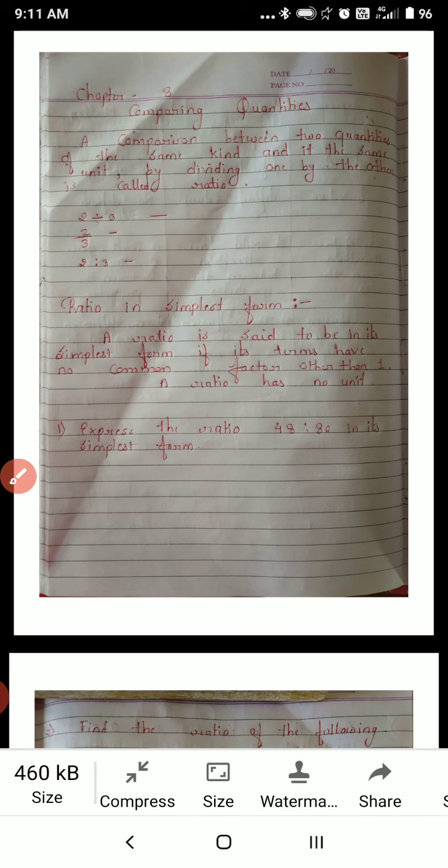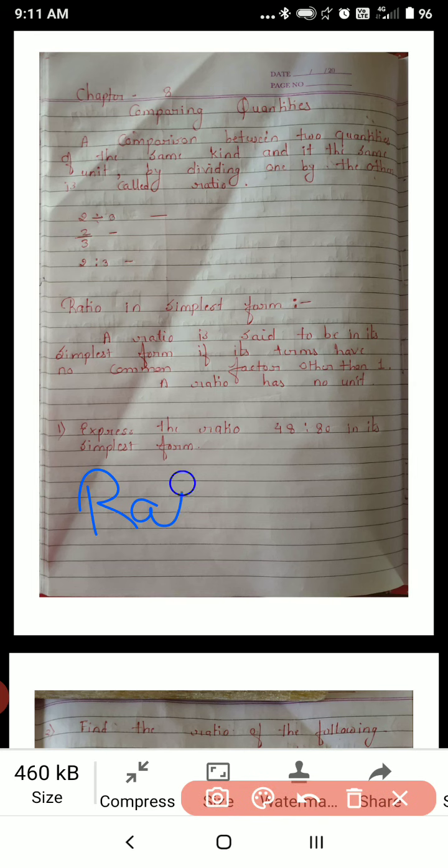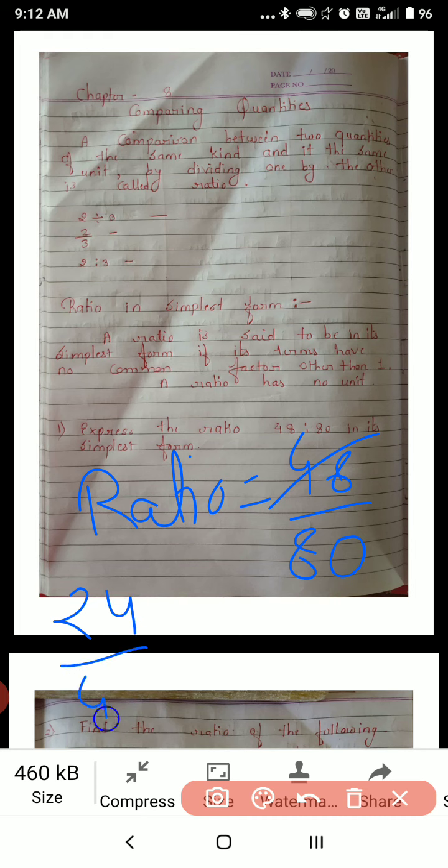First question: express the ratio 48 ratio 80 in its simplest form. So ratio equals 48 upon 80. Now divide it by 2, you will get 24 upon 40.